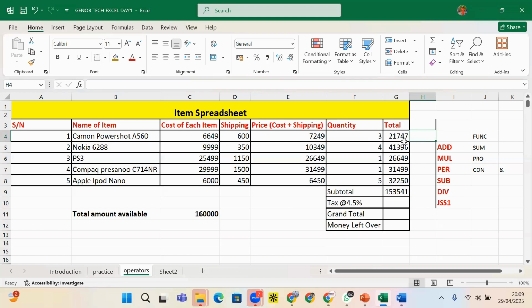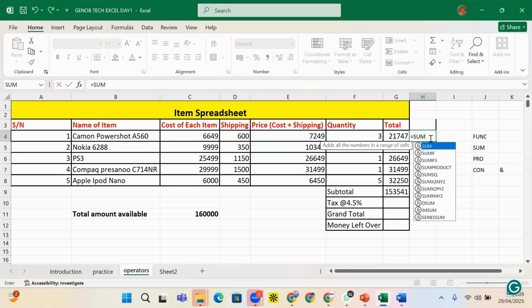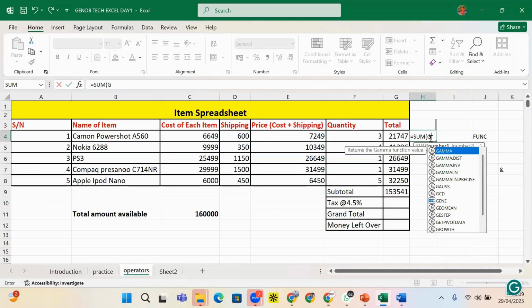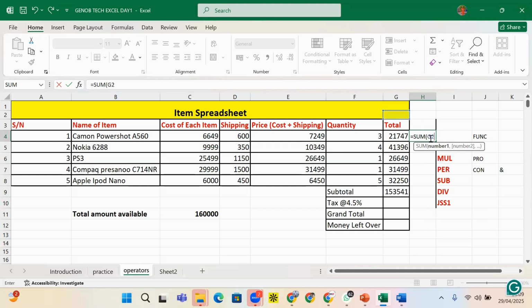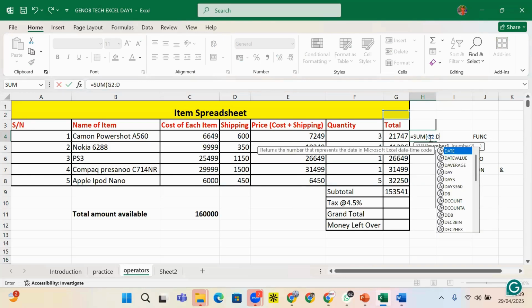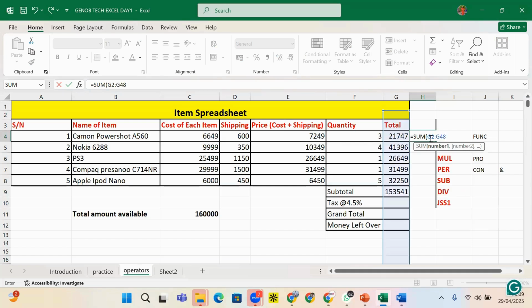So in that 48,000 rows, minus the heading of the data, I could just say equal to summation, bracket. Let's say the data starts in G2, minus the header, colon G48,000, and I close the bracket.